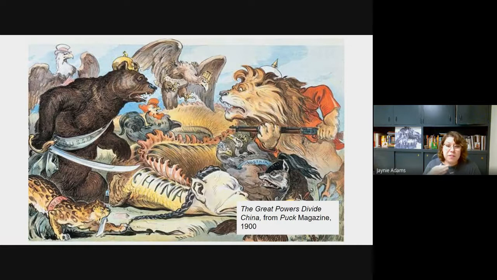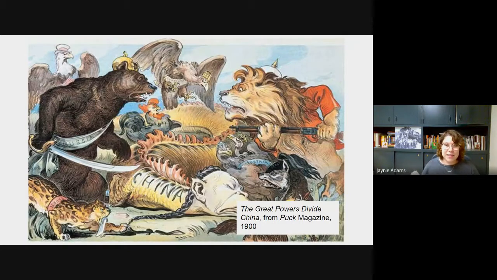And they're kind of aggressively standing over China. So you can see here that it really draws to a conclusion this conflict over the division of China. What's really important to recognize is that this was published in Puck magazine.